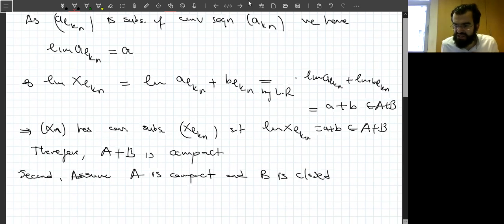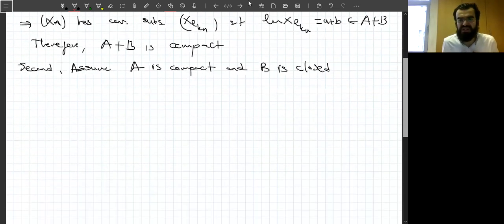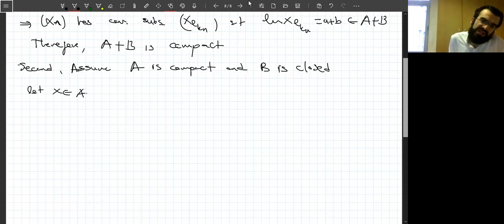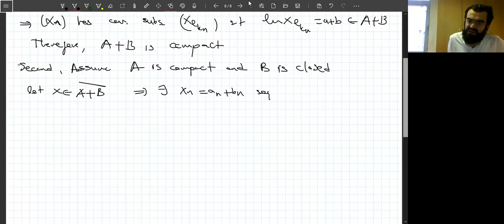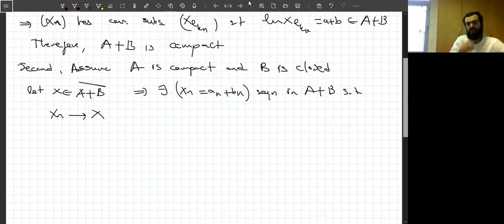We will show that A plus B is closed. Let x belong to the closure of A plus B. This means there exists x_n equals a_n plus b_n, a sequence in A plus B, such that x_n converges to x.